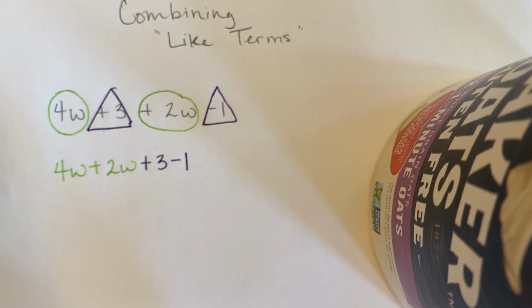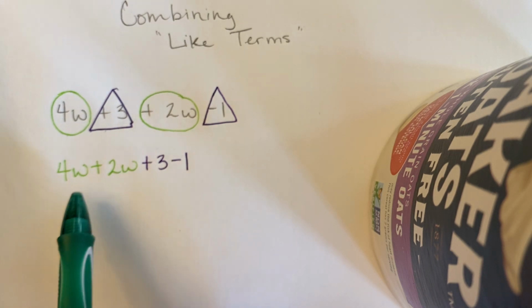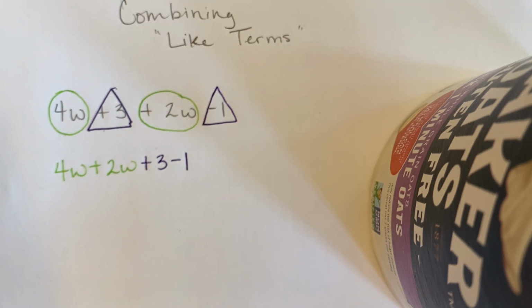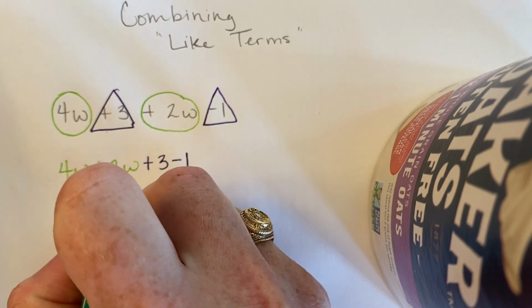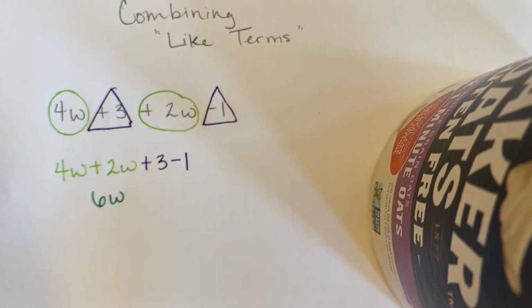How much is it when I have 4w plus 2w? If I had 4 walnuts and I added 2 walnuts, I would end up with 6 walnuts. So 6w. That's as simple as we've got to get here. Then plus 3 minus 1. These are like terms because they don't have the w. They don't have the letter hooked on.